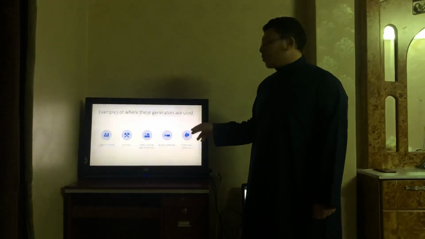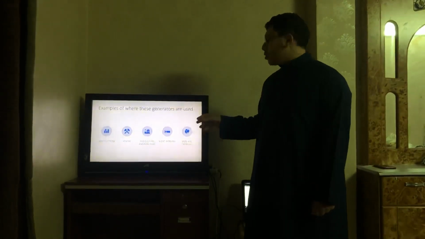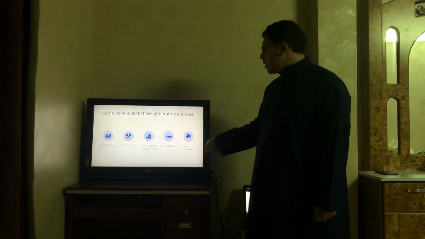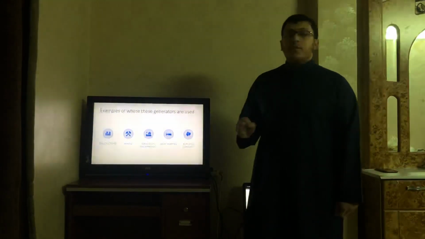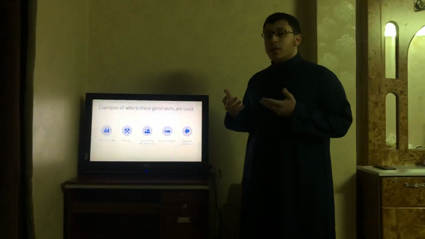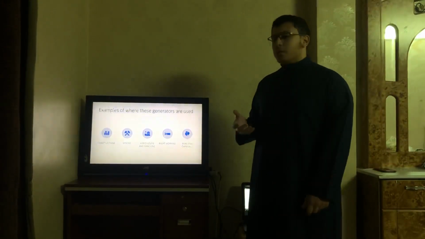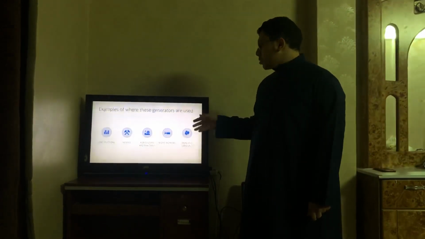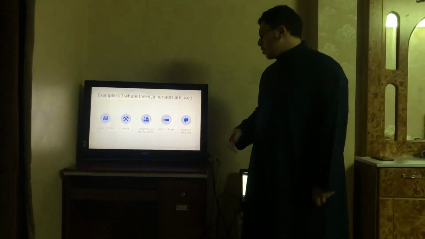So these generators provide them with the lighting they need in order to see their work at night. Finally, we have fairs and carnivals. Fairs and carnivals have many fun devices, and these devices must be provided with electricity in order to be able to use them. So the electric generator is also used in fairs and carnivals.